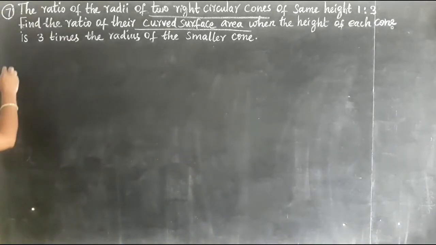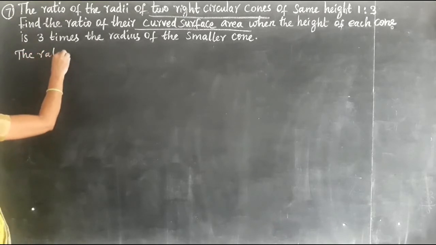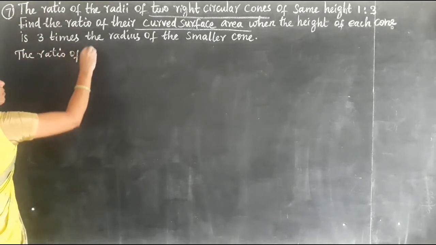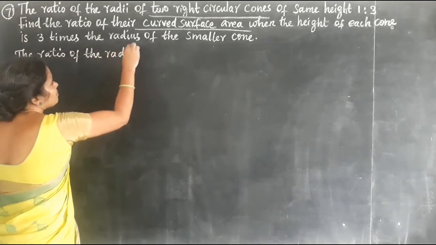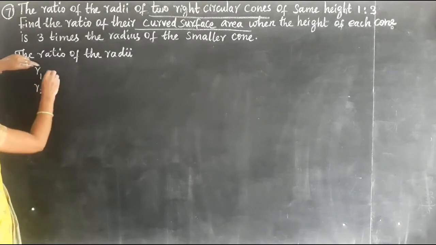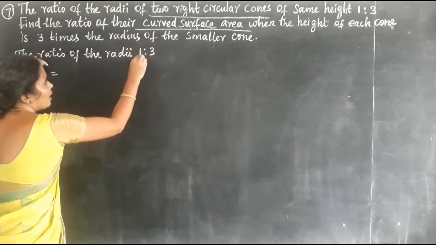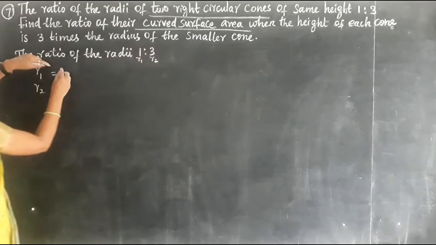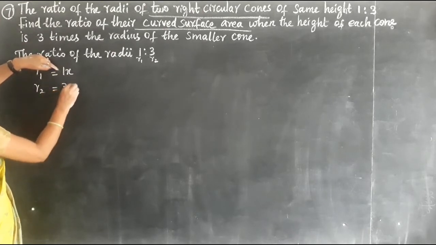So now let us consider the ratio of the radii, taking that as R1 R2 is equal to 1:3. So R1 and R2 we write as 1x and 3x.